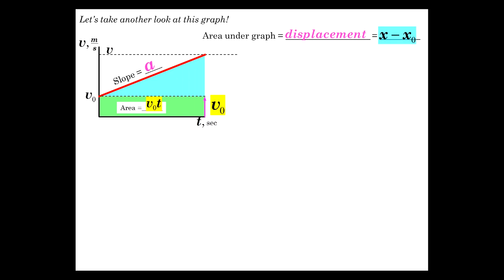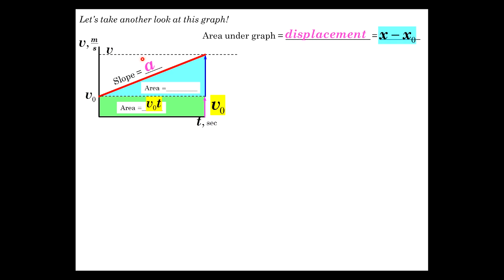And now we also have this triangular piece that we also have already analyzed. Now the area of this is basically going to be 1/2 of this value times the time. Well, what's this value on the vertical? Well, it's the change in velocity. It's from v0 to v. V minus v0 would be that, but that doesn't really help us for where we're going with this.